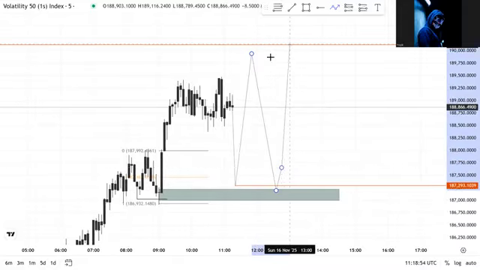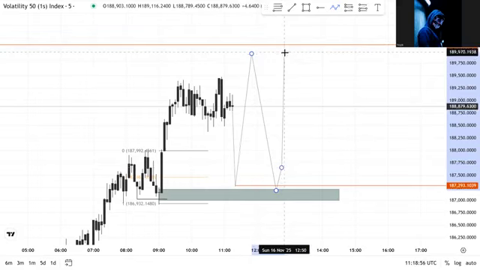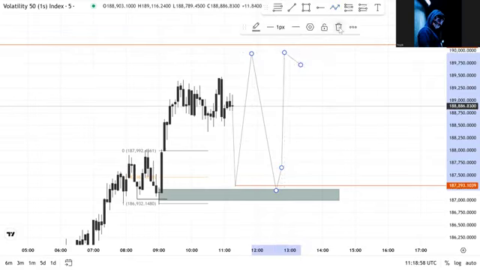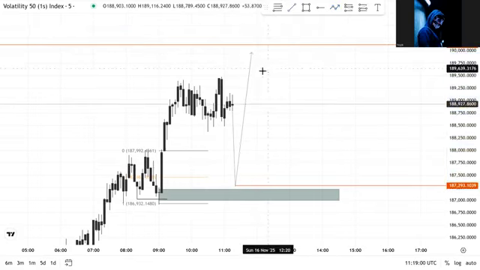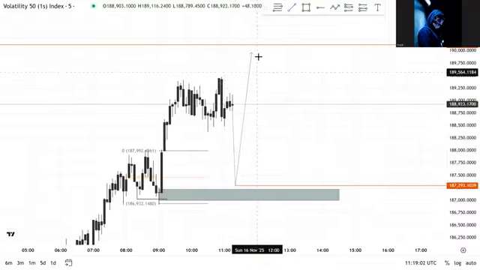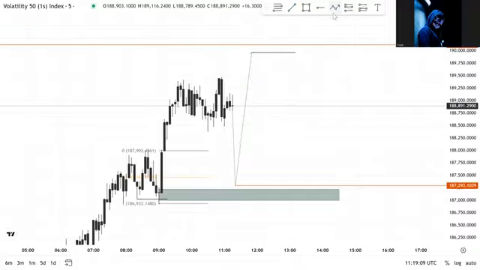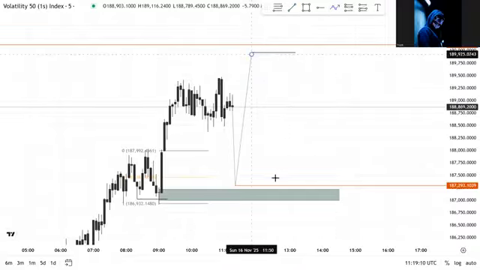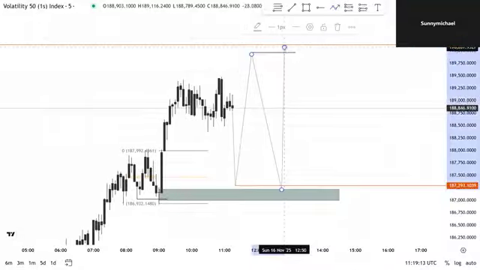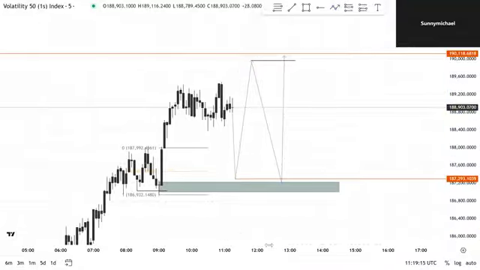I can hold it to this red line, or I can hold it towards this external range liquidity here. All right. So are you guys following, please? Yes, sir. Yes, so I can try to hold it to the external liquidity.